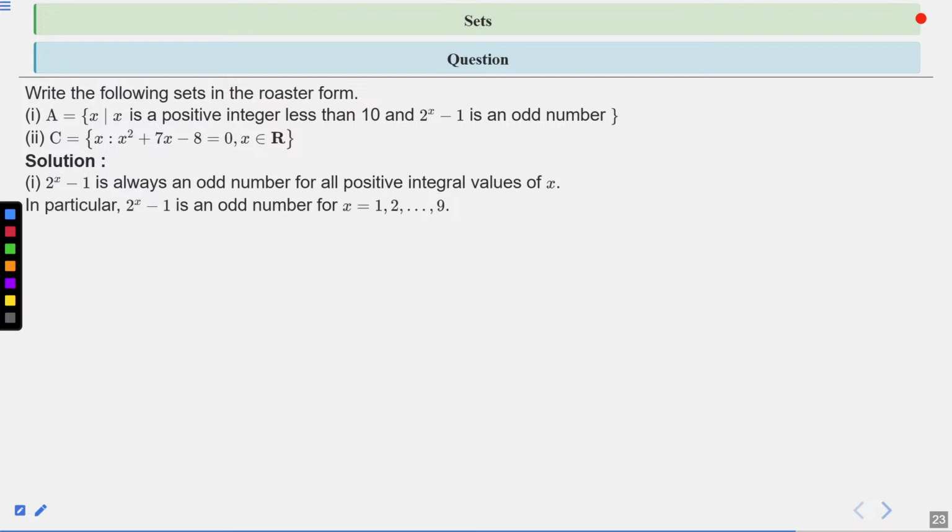So in particular, 2 raised to the power x minus 1 is an odd number for x from 1 to 9. So in our collection, we are going to have the first 9 natural numbers. We are not going to include the 10 here. Why? Because we want positive integers less than 10. Clear?